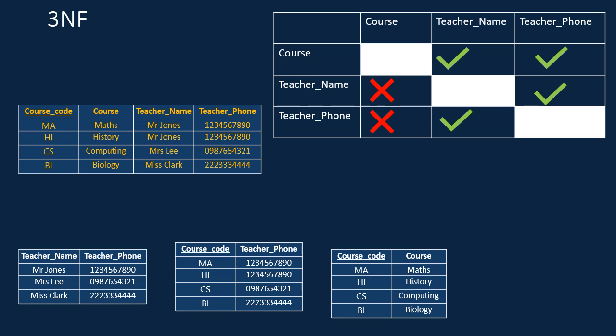Teacher phone then can remain with course code as the primary key, linking our teacher table to the course table, and then we've got the course code and the course, which again intuitively go together, and we've effectively left those in our table.